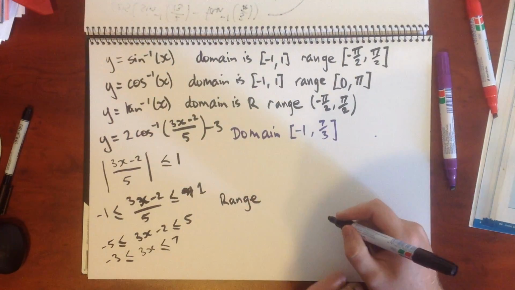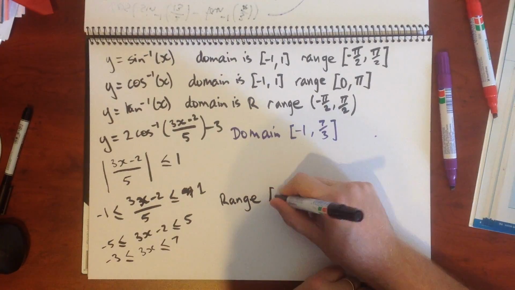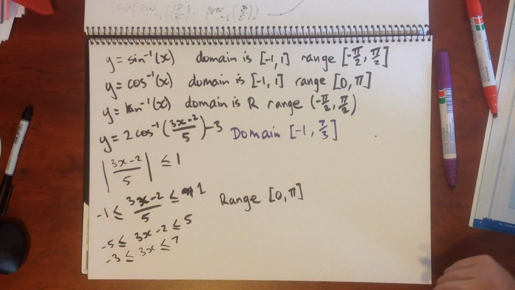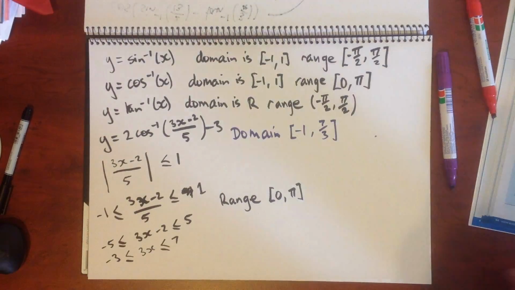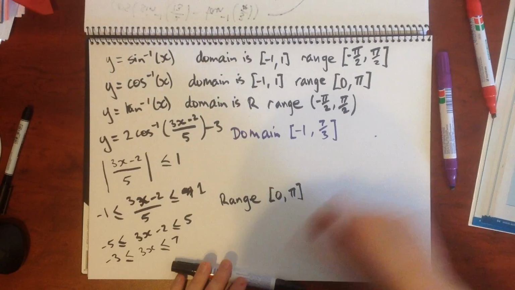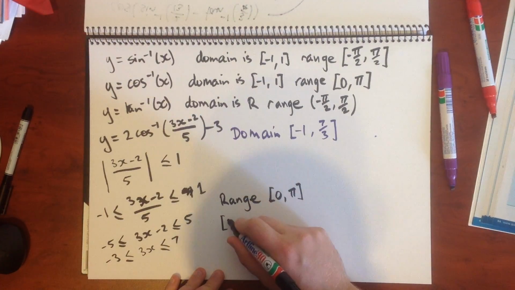Okay, we know our range is usually from 0 to pi. But we have a dilation by a factor of 2 parallel to the y-axis and a translation 3 units down parallel to the y-axis. So the range becomes, well, we've got to times that by 2, then we've got to take 3 away.